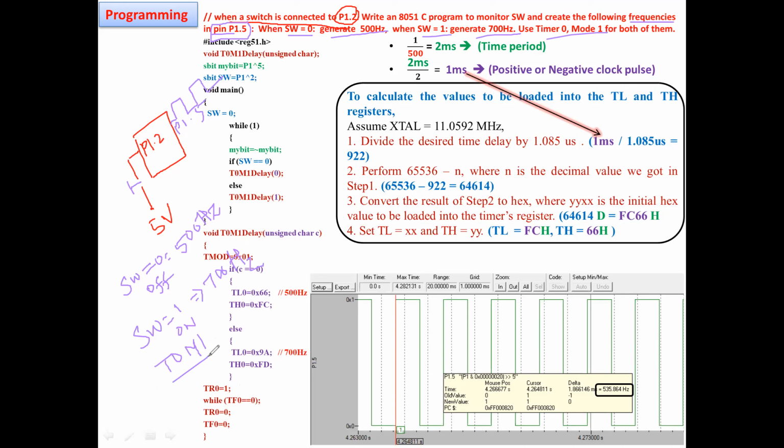So how will you generate this? How will you generate 500 hertz? How will you generate 700 hertz? That is your question. How are you going to develop it?